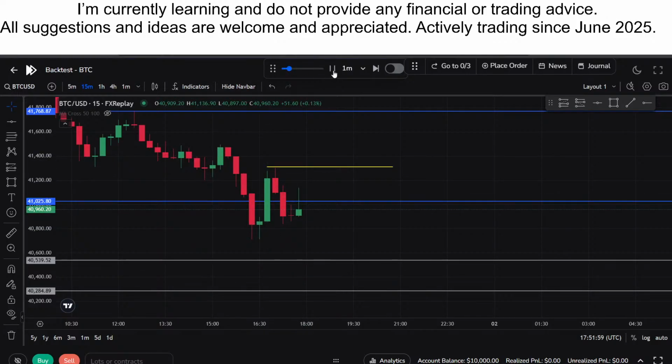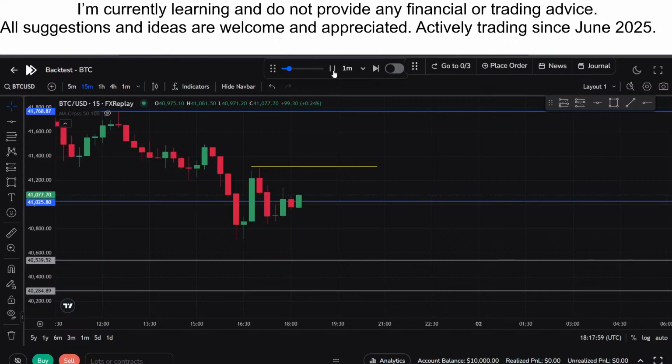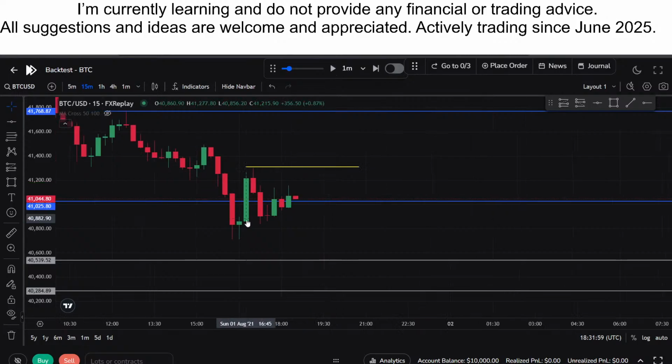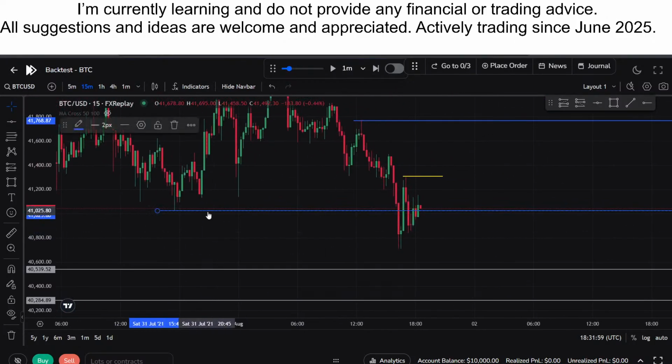Let's play. Okay, the price has entered consolidation. We don't enter here, so it is still in the liquidity area.